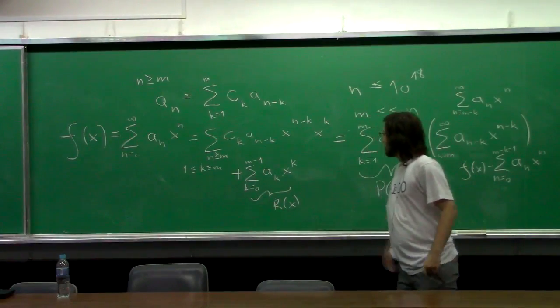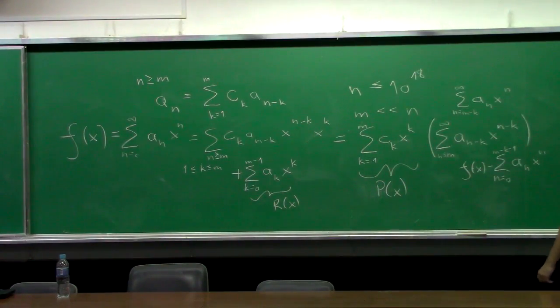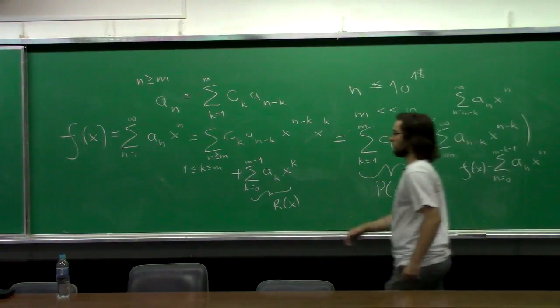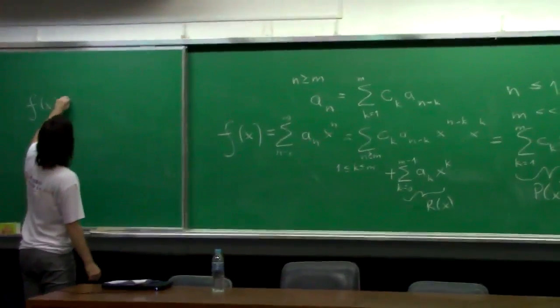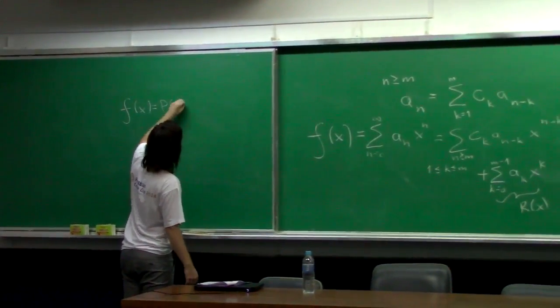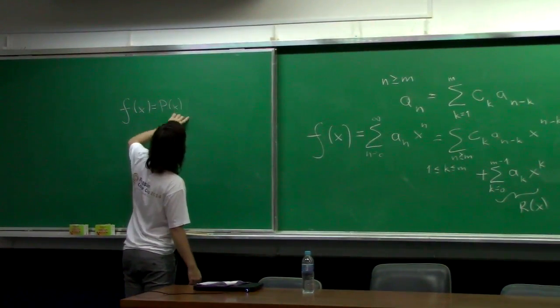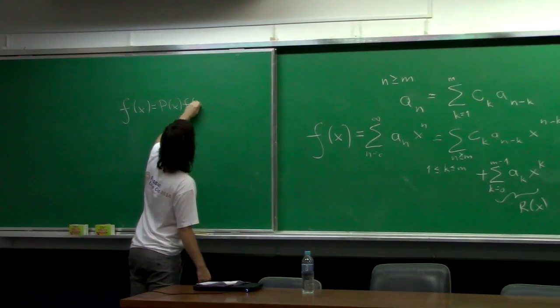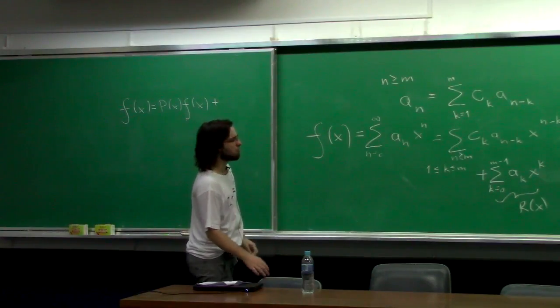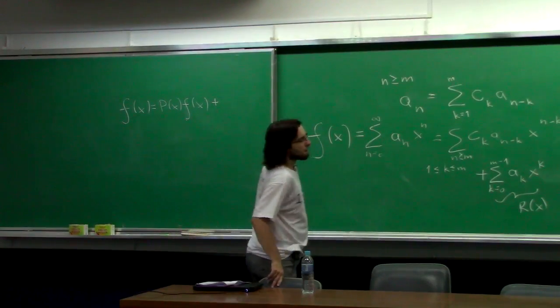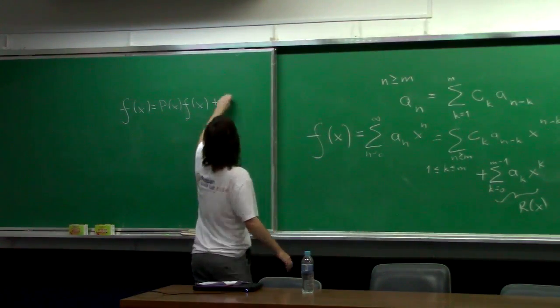It's very similar to this polynomial, so the resulting formula is that f(x) is p(x) f(x) plus some polynomial.